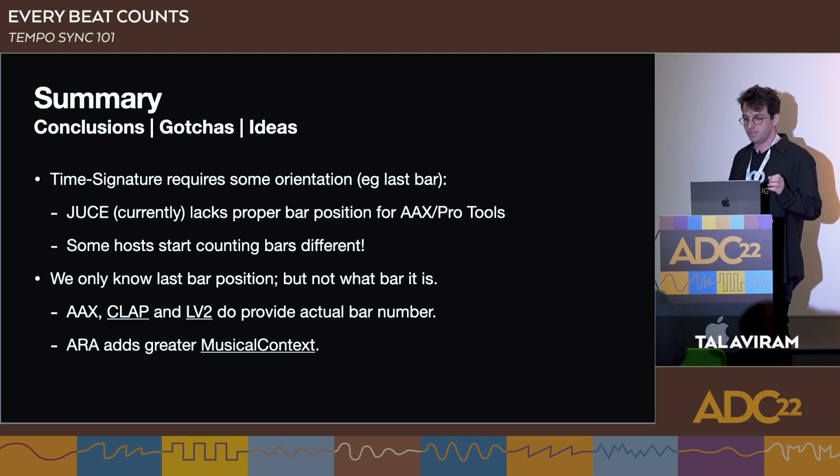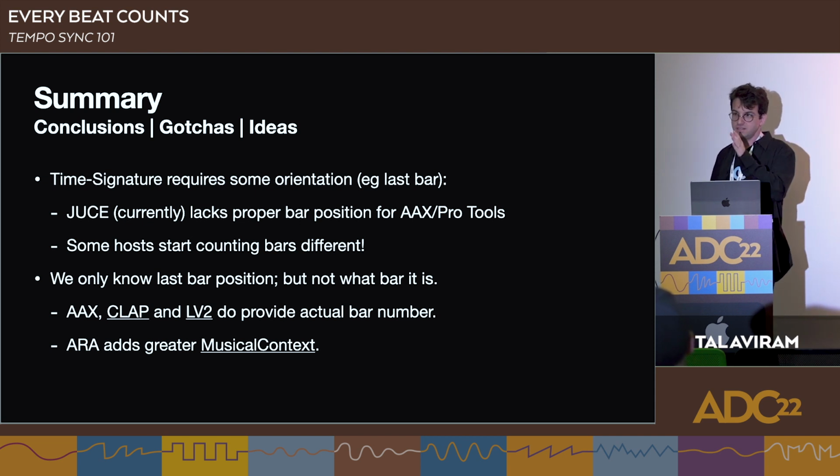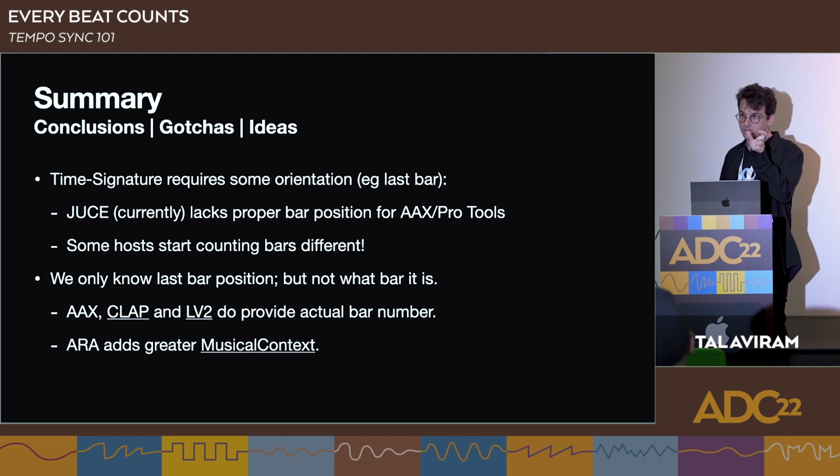And another gotcha, depending on what you're doing: we only know the last bar position, but not what bar it is. So we just get quarters. Imagine you have a time signature of 3/4 and 4/4 or something. We don't know how to divide and say what's a bar, because we are getting the last time signature every time.